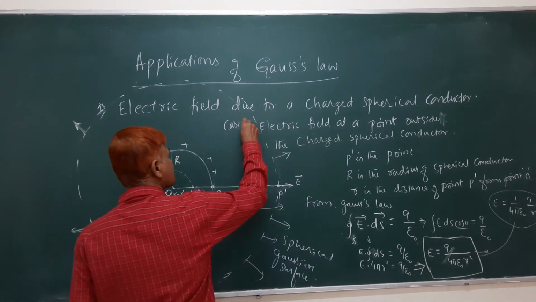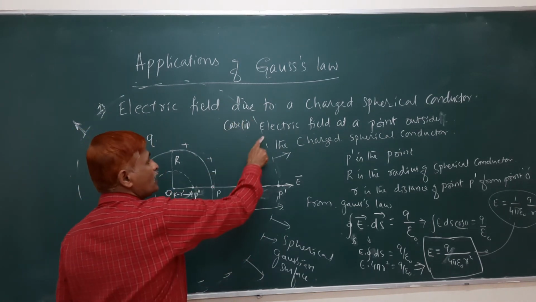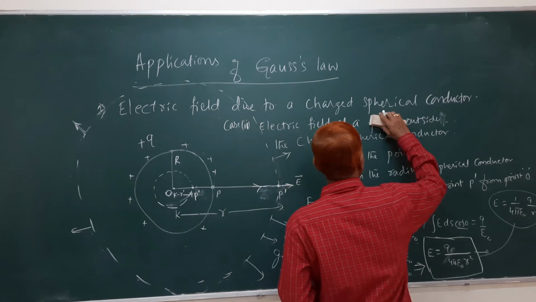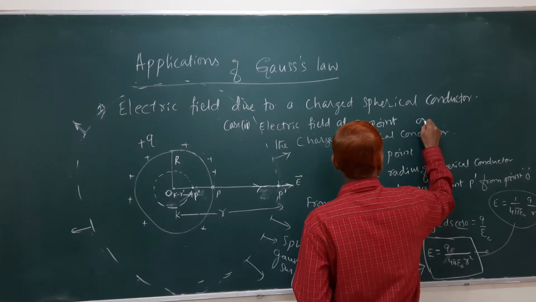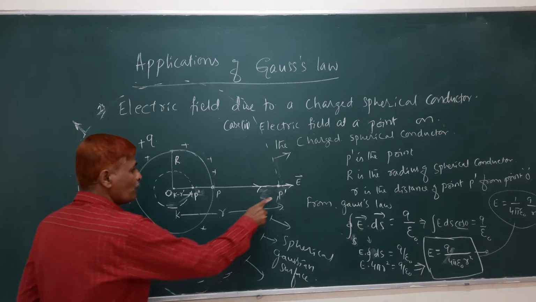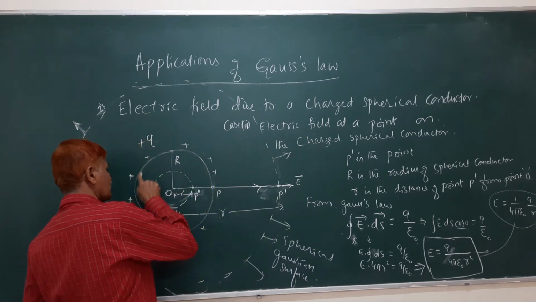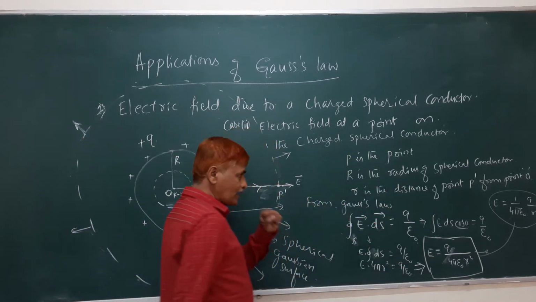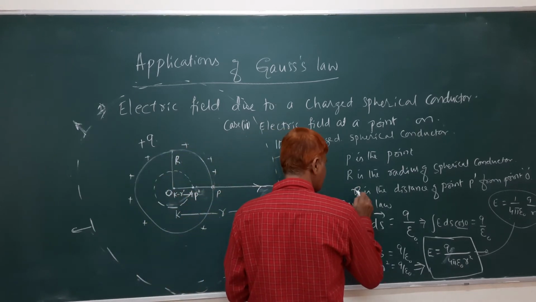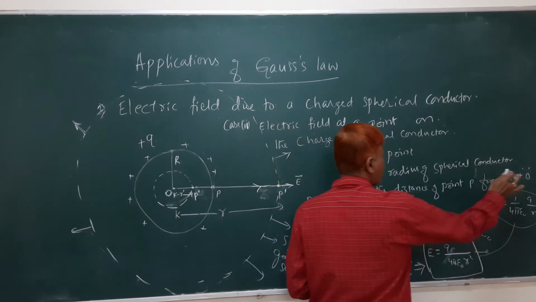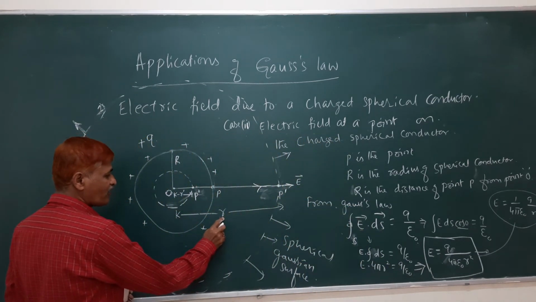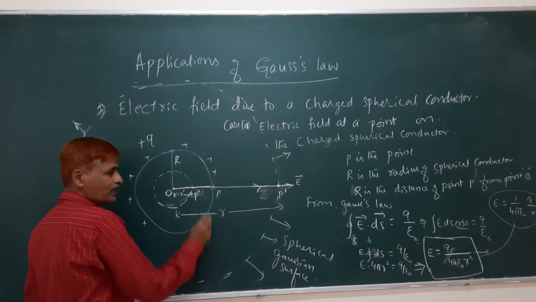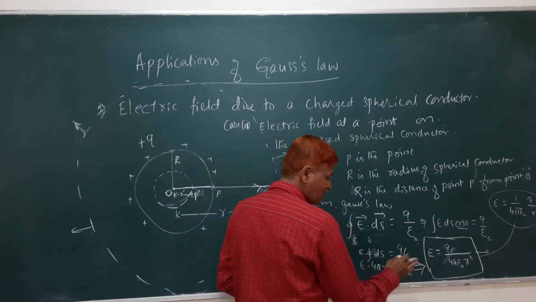In case 2, we discuss the electric field at a point on the charged spherical conductor. Now I take point P. P is the point, R is the radius of the sphere, and R is the distance between point P and O. So instead of small r, you get capital R as the distance between O and P. Everything else is the same.